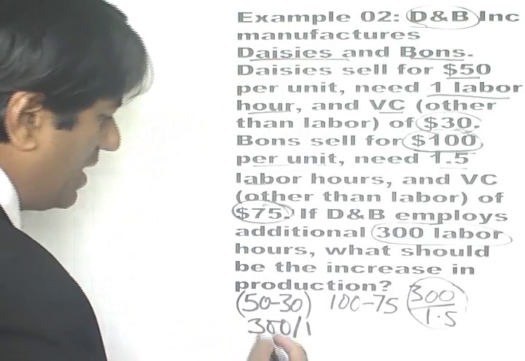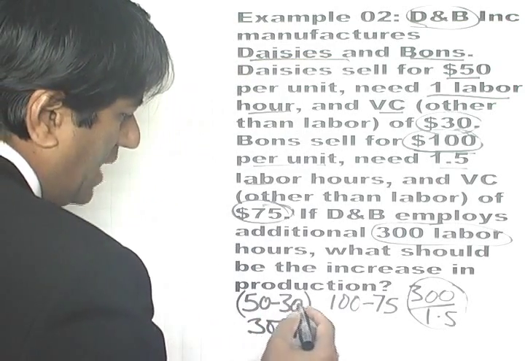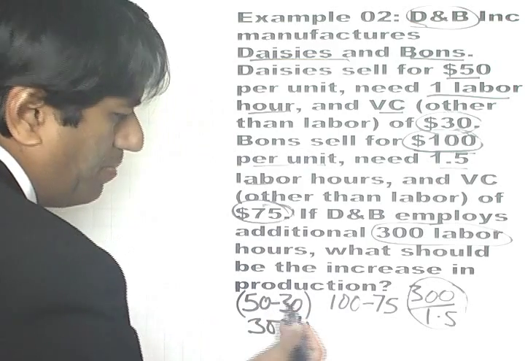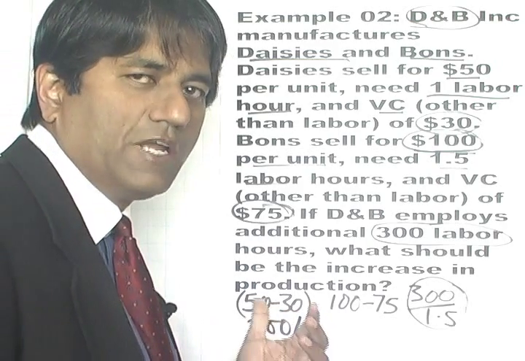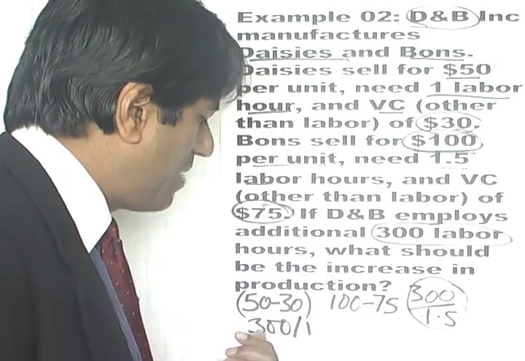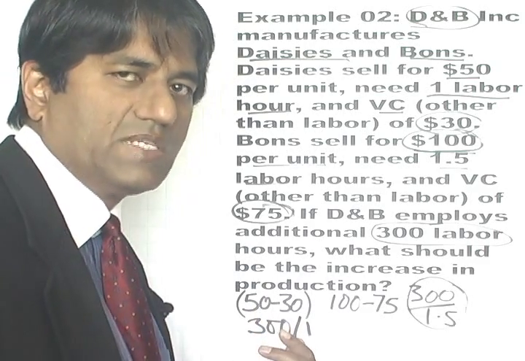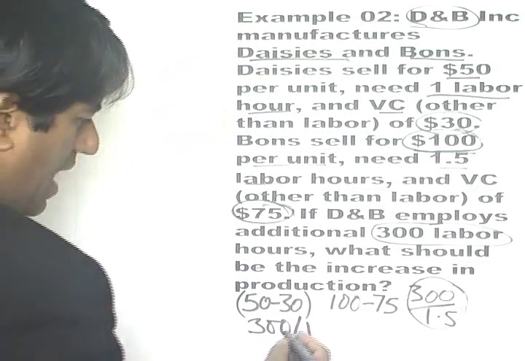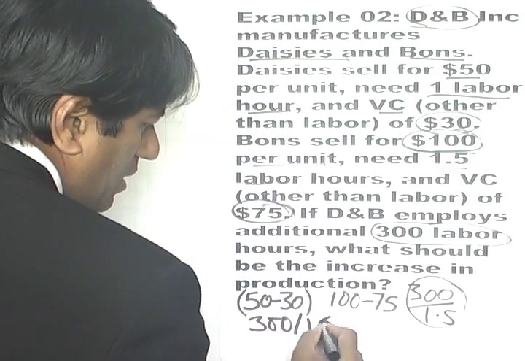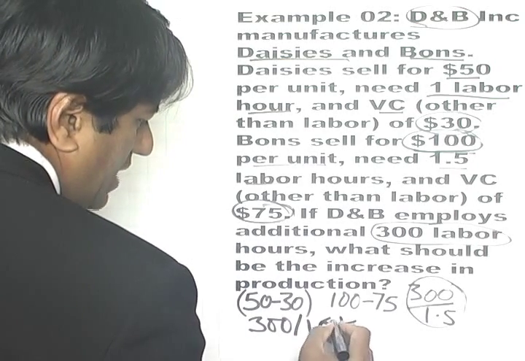So then your comparison becomes 20 incremental profit per unit of daisies multiplied by 300 daisies which can be produced. So that is 6,000, or I'll write that as 6K.